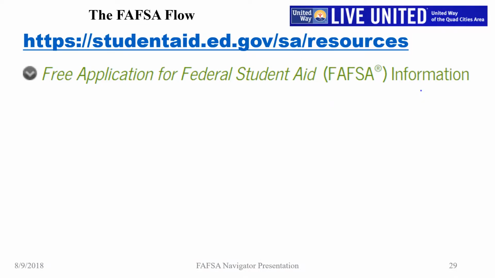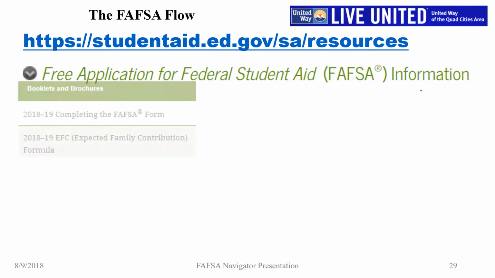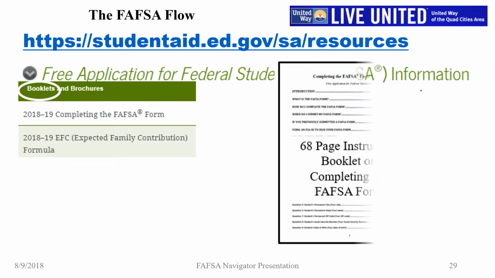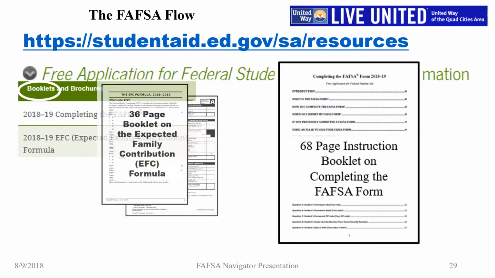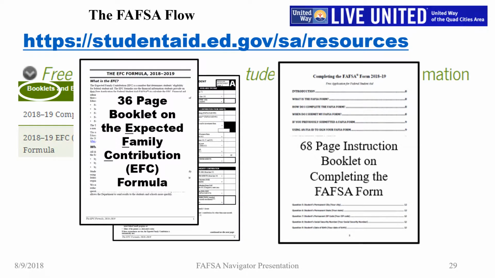At the large resources page, we find the section on FAFSA Information. As we scroll down the large list of resources, we can find assistance such as booklets and brochures, where we may download the 68-page instruction booklet on filling out the FAFSA. This is also where you may find for downloading the 36-page booklet on expected family contribution formula, which was mentioned earlier.